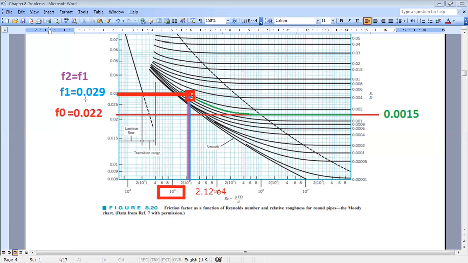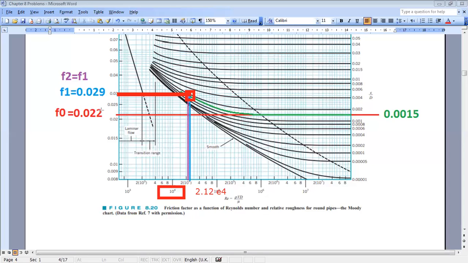So for example, if you obtain 0.023, then you can say my assumption is fine. And if you have a difference less than 10%, you can stop your iterations. Here we cannot stop because the difference is 7 over 22, which is large, so it's nearly 30%. I cannot accept such a difference.